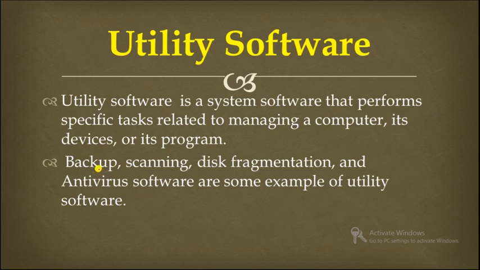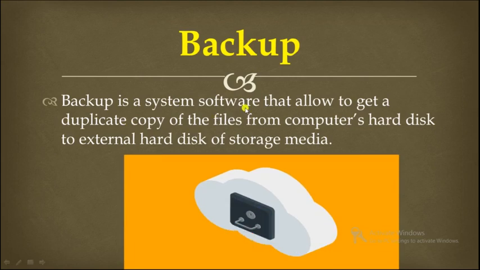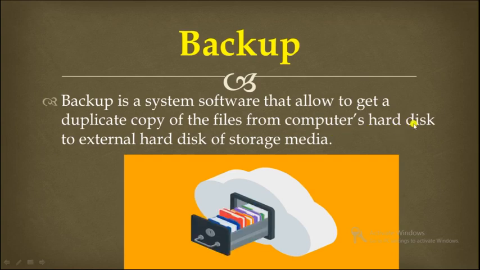So one by one we'll discuss backup, scanning, disk fragmentation and antivirus software. Now backup is a system software that allows you to get a duplicate copy of the files from the computer hard disk to an external hard disk or storage media.